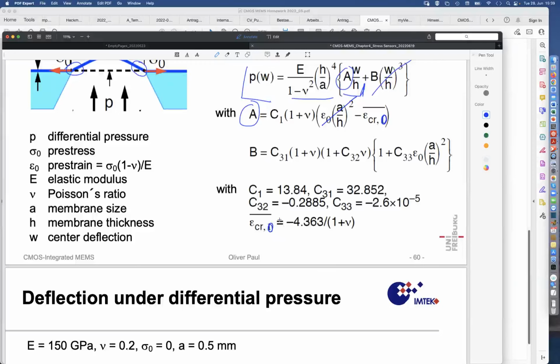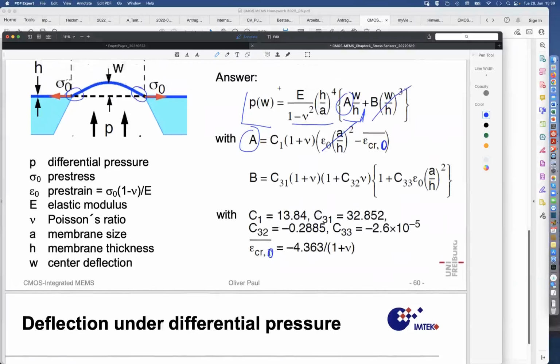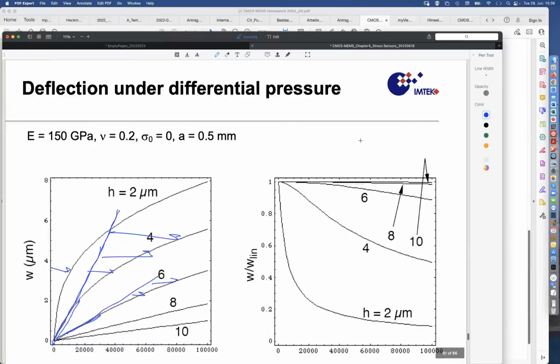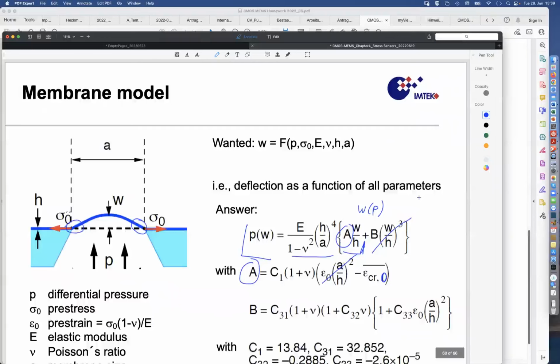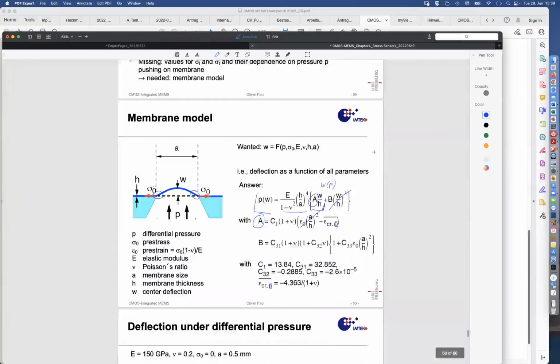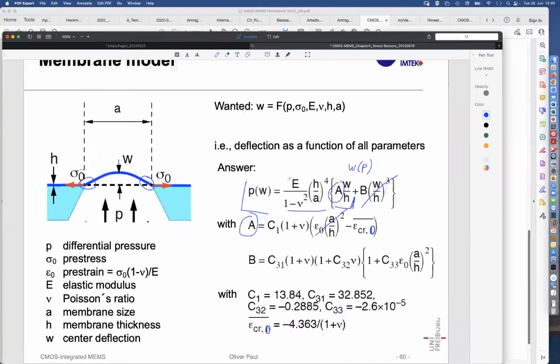I looked this up, and it's pretty simple to now calculate W as a function of P, by just shoving over some of the coefficients. And I didn't end up at the result which is written here. Actually, this numerical factor should be 4.363 in my current opinion, because this is the only thing that remains here of this term, with an additional minus.